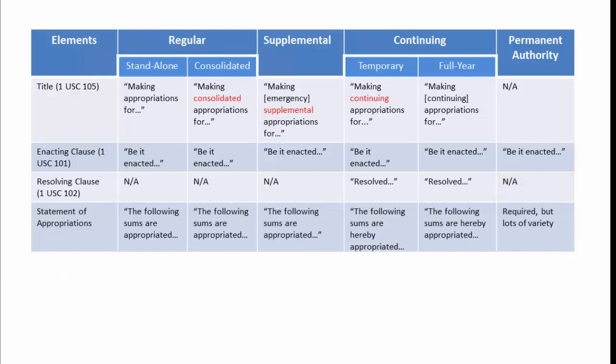Because the Constitution requires an appropriation for money to be paid out of the Treasury, some statement of appropriations is required. Though we will see the wording varies greatly, keep in mind that language appropriating funds in permanent law is written by different people than the language for regular, supplemental, and continuing appropriations.